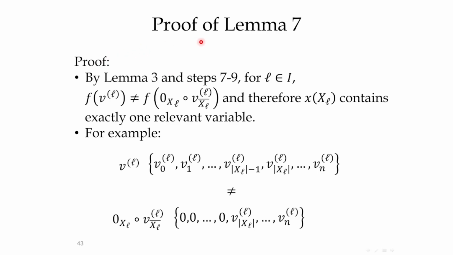So let's prove lemma 7. Proof. By lemma 3 in steps 7 through 9, for L in capital I, f of v powered by L is not equal to f of 0 subscript capital XL concatenation v subscript capital XL bar powered by L. Therefore, x of capital XL contains exactly one relevant variable.